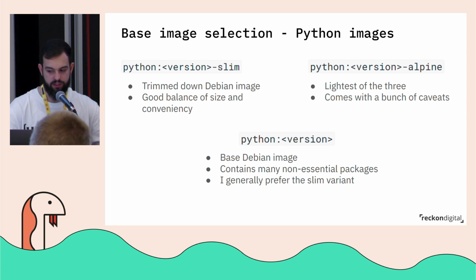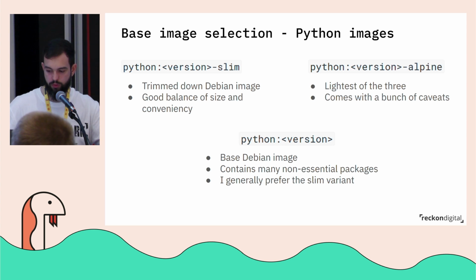It's not as inconvenient as Alpine, but it's also very much reduced versus the more bloated standard Python image, which, if you read the Docker documentation and the page that they have on Docker Hub, they do recommend the big one. It feels a bit self-indulgent to criticize that. I mean, the people who have written that surely have their reasons, but I think that by all means, in 90% of cases, you do want the slim variant, and then add whatever you need after.